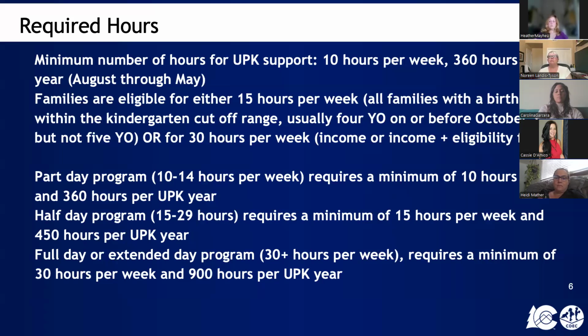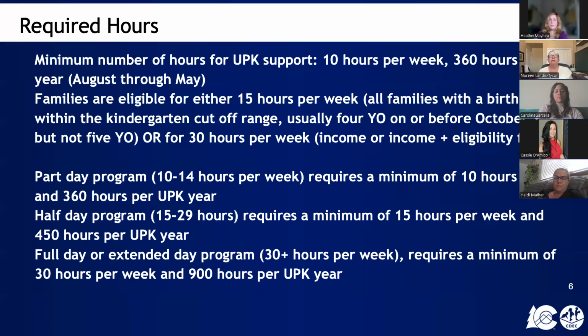Or they are eligible for 30 hours per week, and that's based on their income or their income plus an eligibility factor. We're going to talk a little bit later about how you look at what your families are eligible for. But the eligibility has little to nothing to do with the program that the family has chosen.